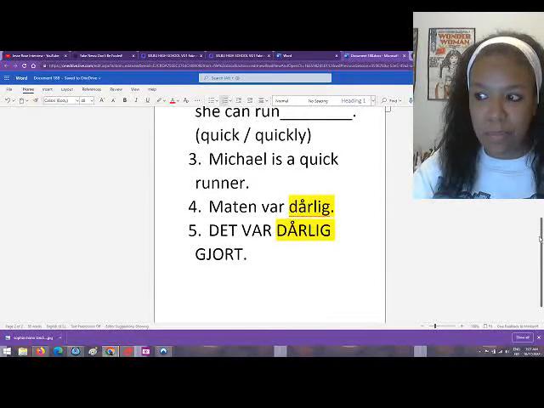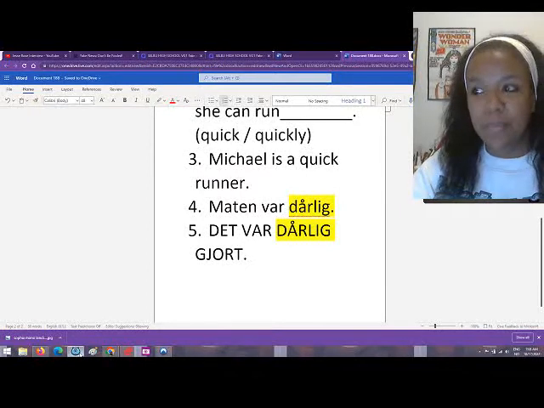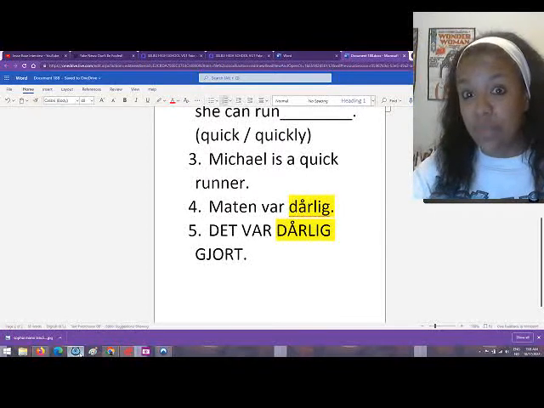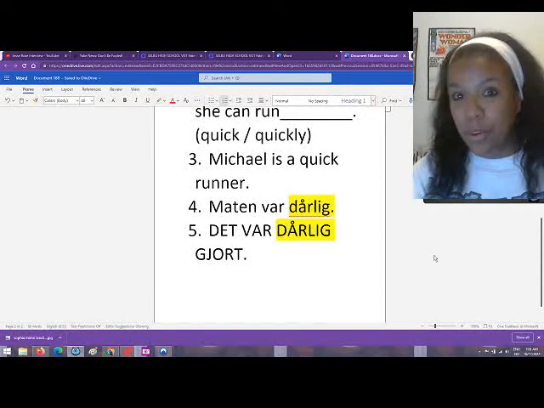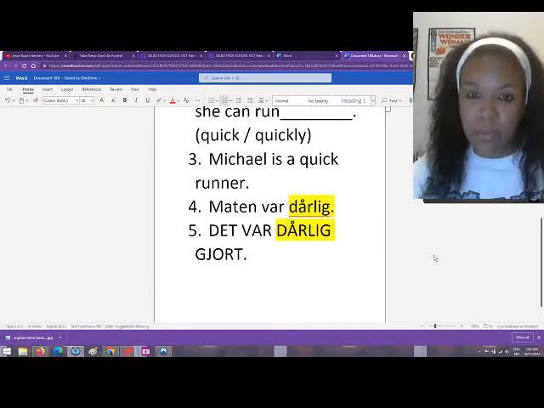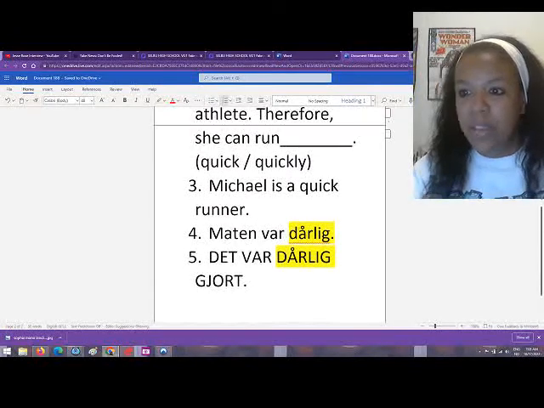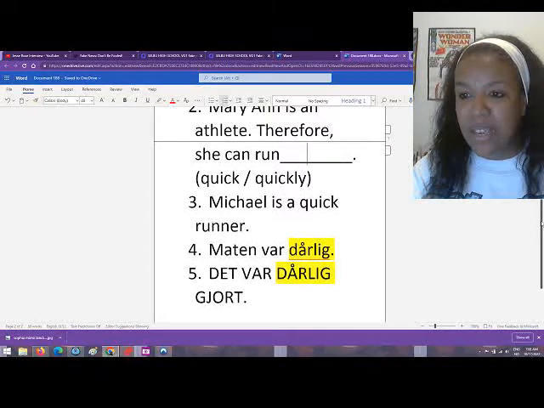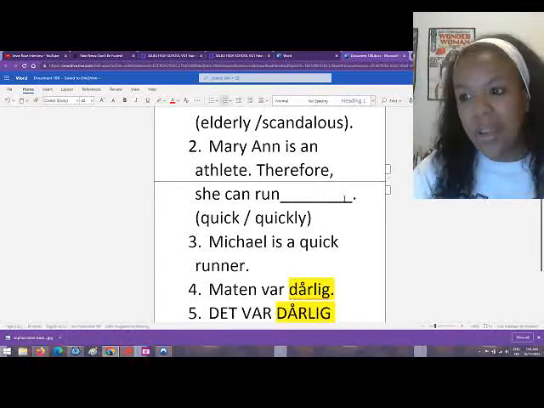So that can create some difficulty for people who are learning English adverbs and English adjectives, because we have different words in English, and in Norwegian, oftentimes you have the same word. So here, when I talk about Marianne being an athlete and how she's a quick runner, how does she run?